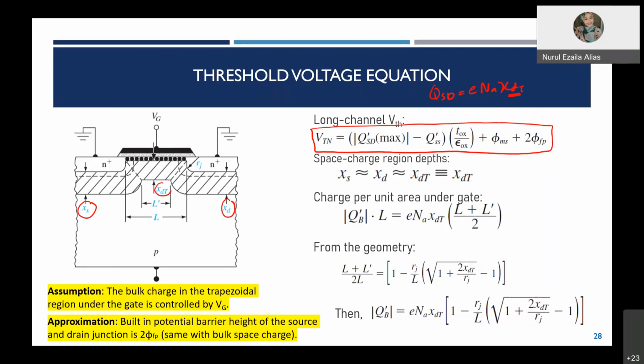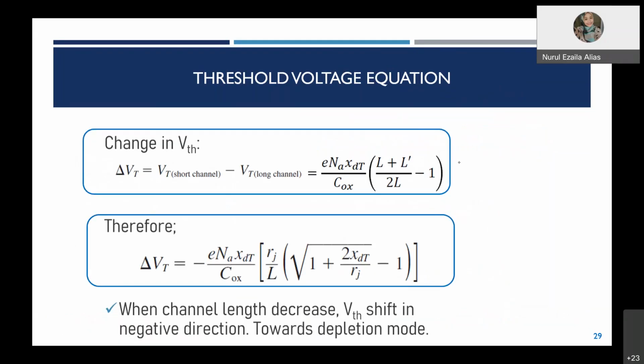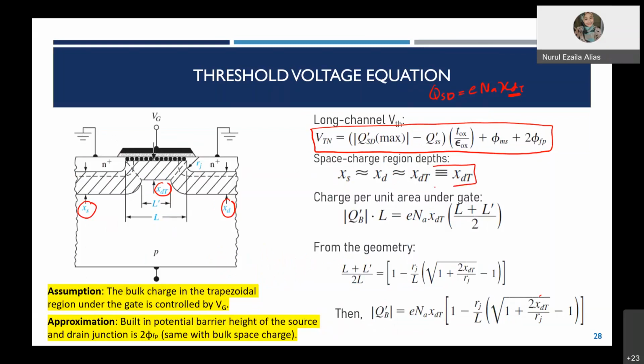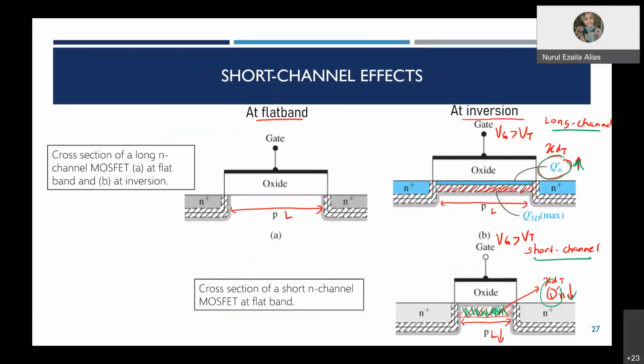So all are equivalent, and it is given by X_dt. The charge per unit area under the gate is now a little bit different. In the long channel, as you can see, it is like a square.